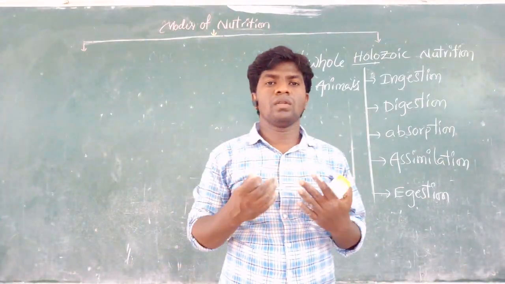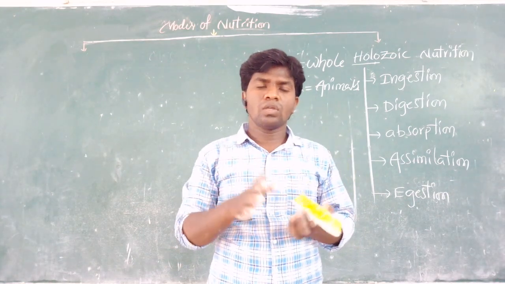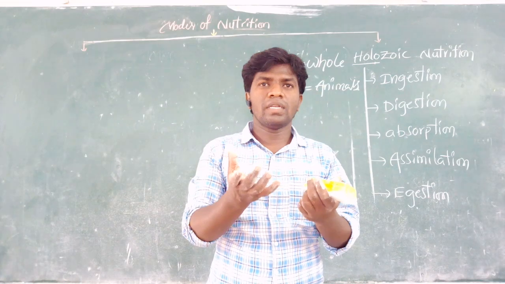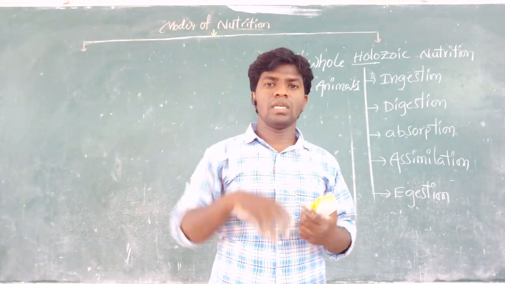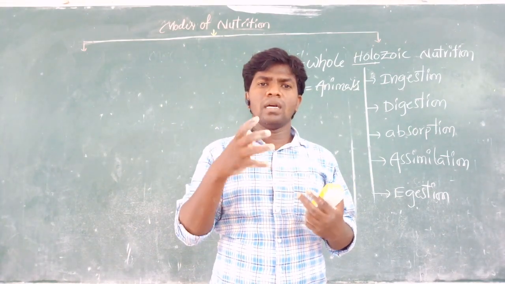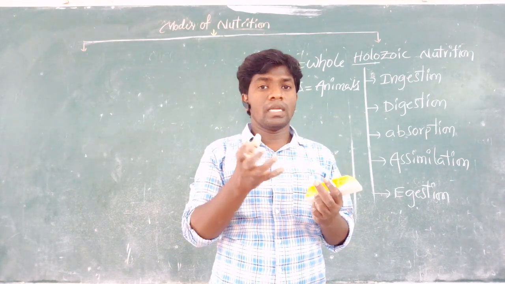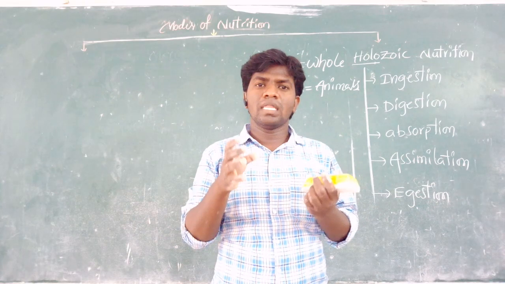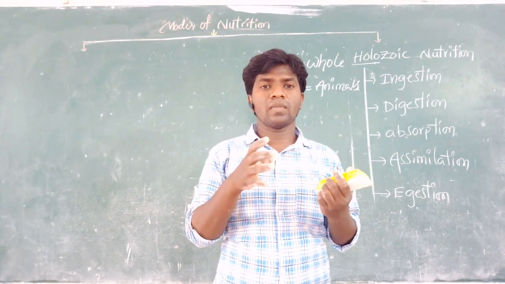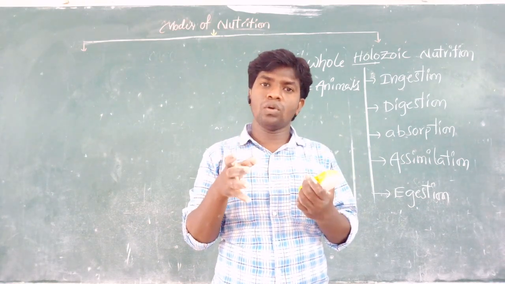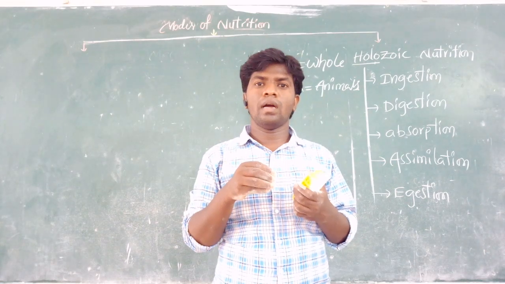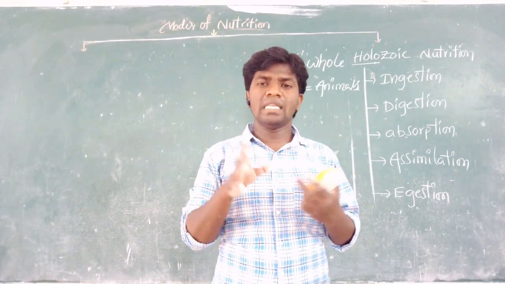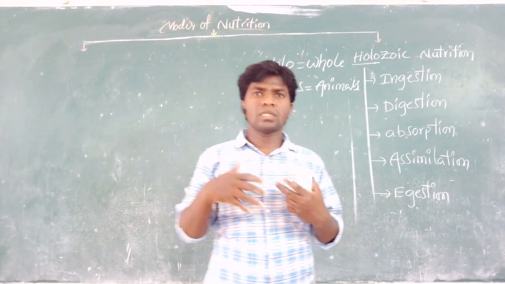What does ingestion mean? The animals take in food. They take food and put it into the mouth. After ingestion comes digestion. Digestion means the food is converted into simple and soluble form by enzymes.